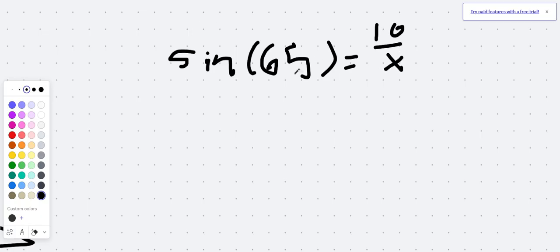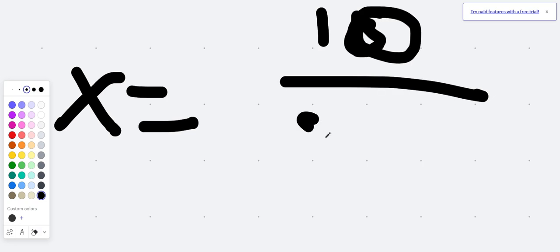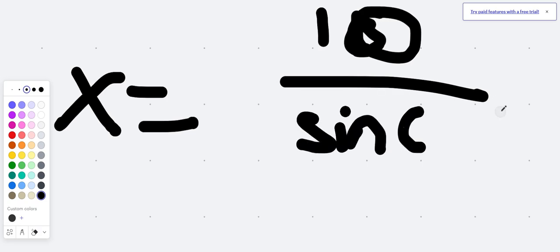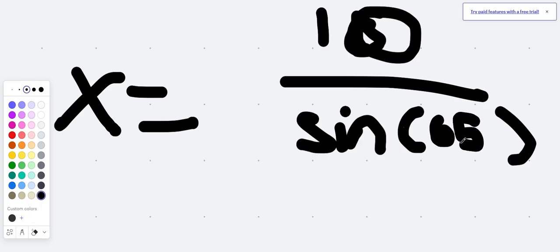X, you'll take the things across, so you get x equal to 10 by sine 65.